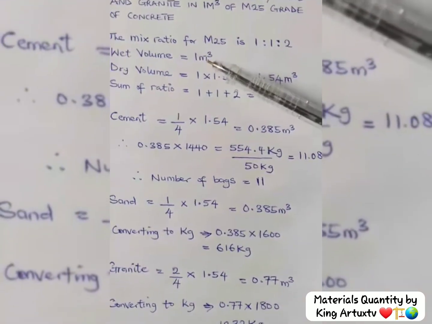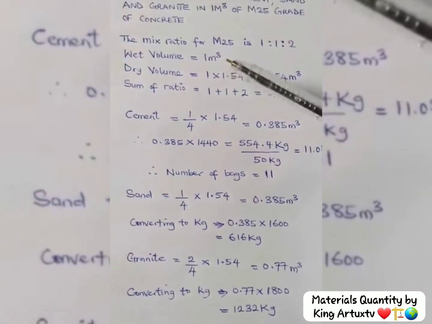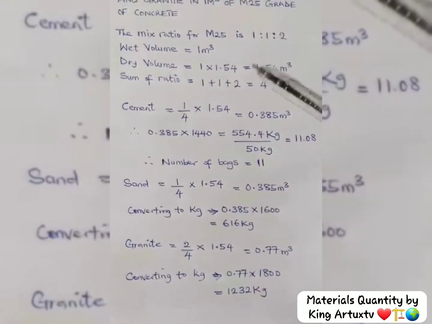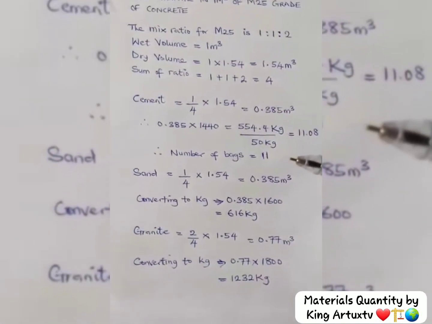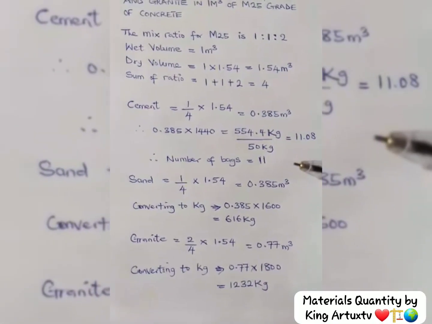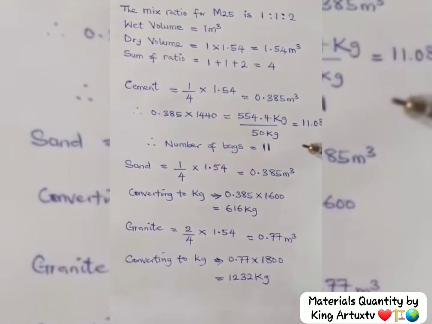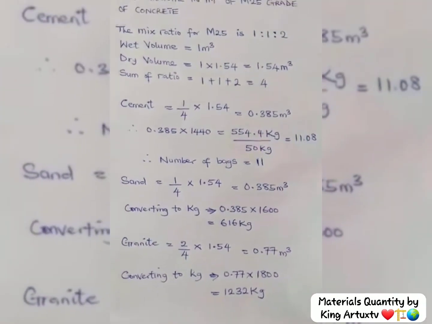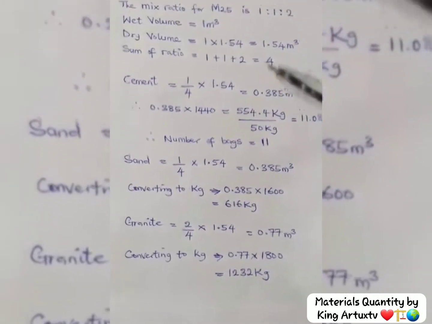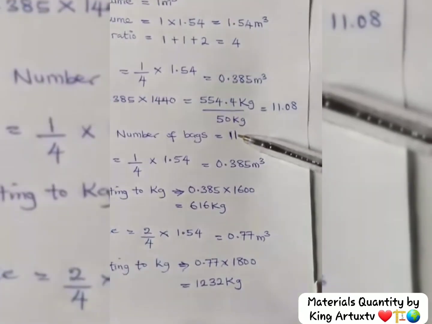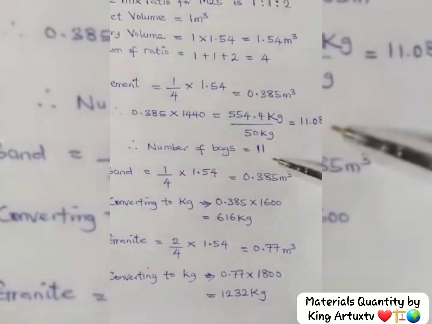So this is the weight of coarse aggregate required to get grade 25 concrete for 1 cubic meter. If you have a slab and you need maybe 2, 3, or 5, 6 cubic meters to cover the entire slab, all you need to do is multiply that figure by this to get the number of cement bags.